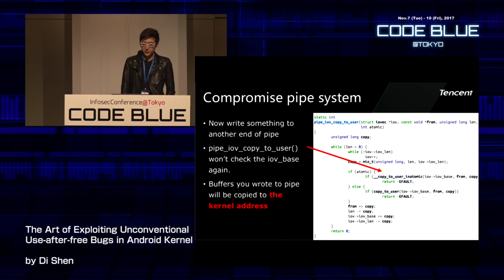It just assumes that you are using a user buffer's address, and so it simply uses the function copy_to_user_in_atomic to copy the buffer to the address you just specified. But actually, it's a kernel address. So in this way, we can convert use-after-free to an out-of-bound write.